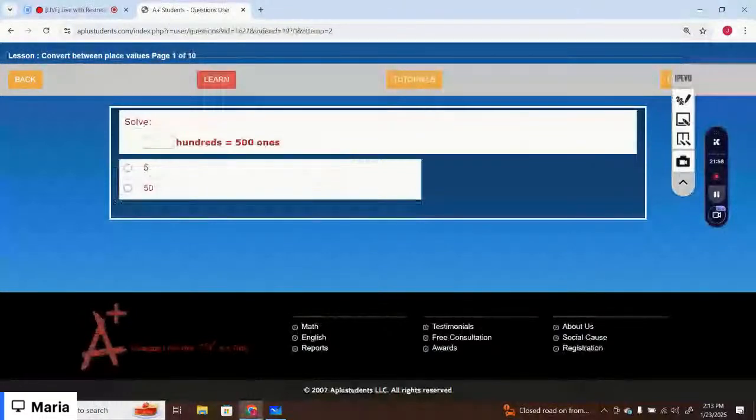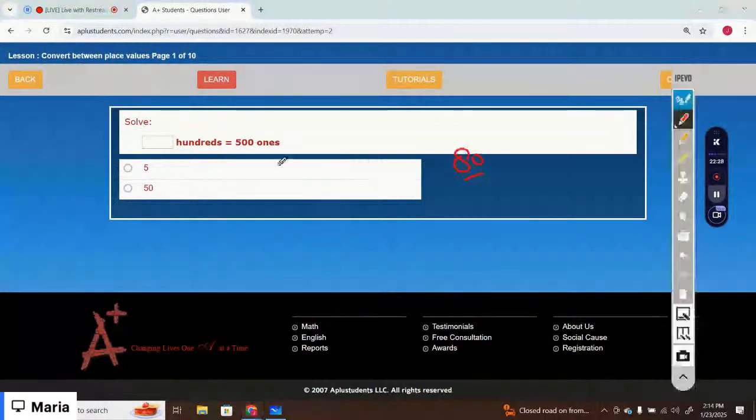Let's just start with the test questions. 500 ones. So 500. How many hundreds are there in 500 ones? That is 5 hundreds. You just have to see the place value.